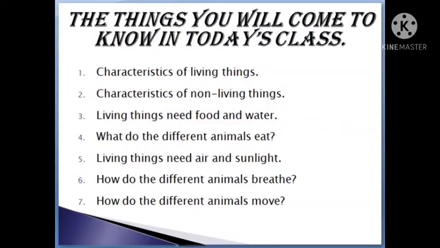Now, let me tell you the things you will come to know in today's class. Characteristics of living things, characteristics of non-living things. Living things need food and water. What do the different animals eat? Living things need air and sunlight. How do the different animals breathe? How do the different animals move?